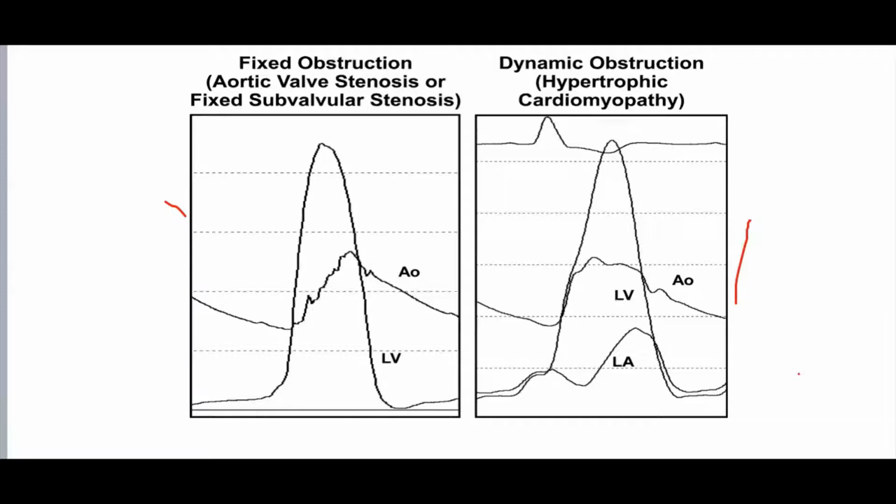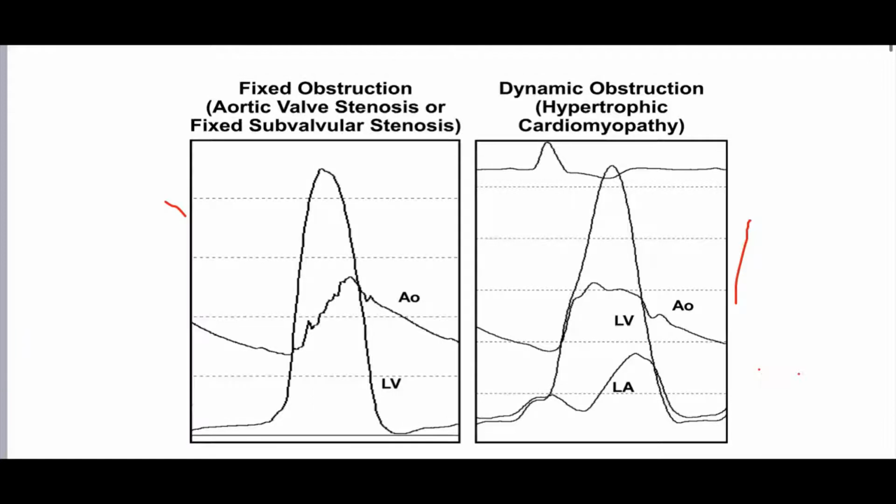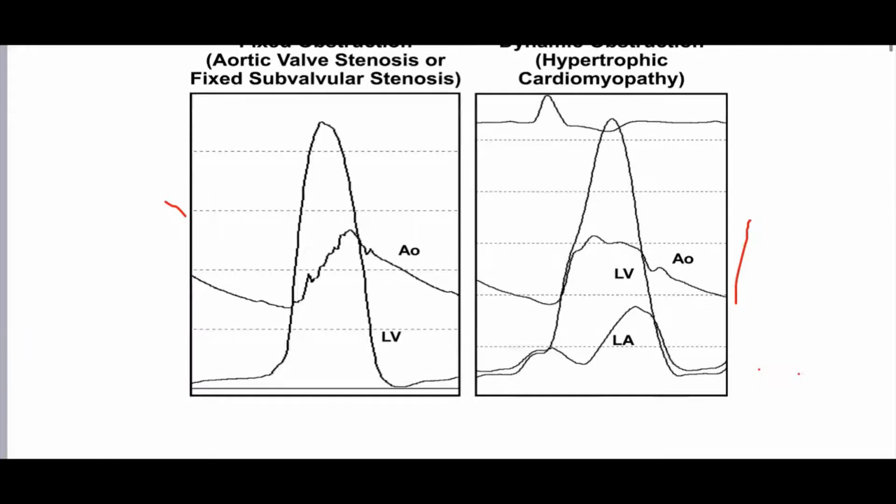I think the ascending limb of the aortic pressure during aortic stenosis is late, while in the dynamic obstruction, from the beginning there is a high ascending limb of the aortic.